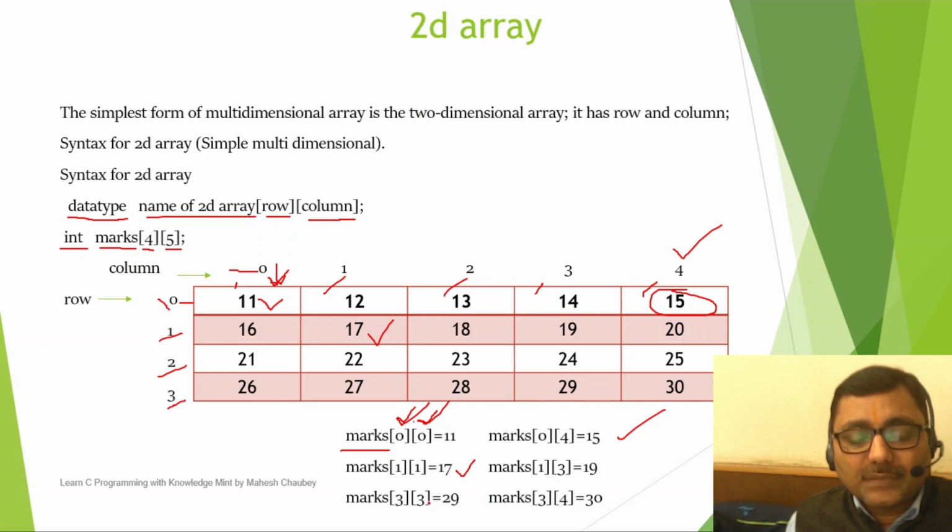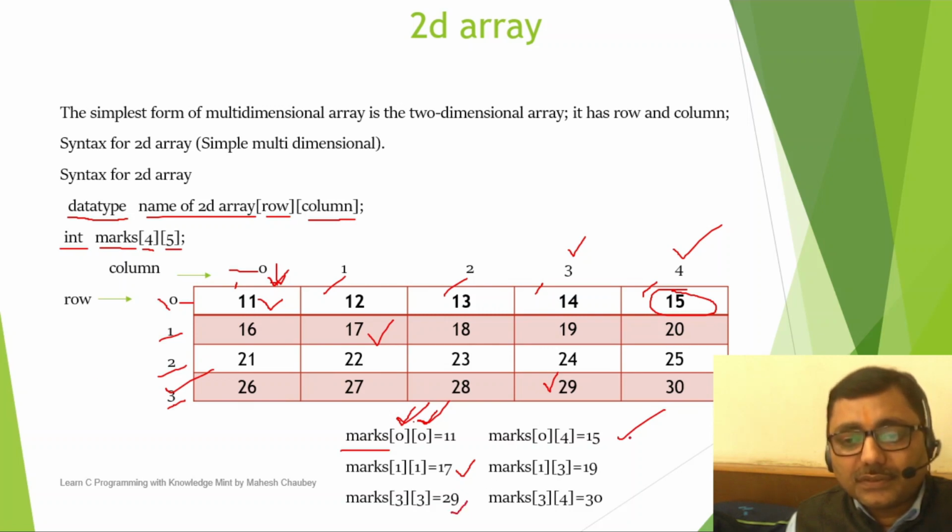When I say 3 3, it means the index number for row is 3, the index number for column is 3. This will depict 3 3, where row index is 3 and column index is also 3.